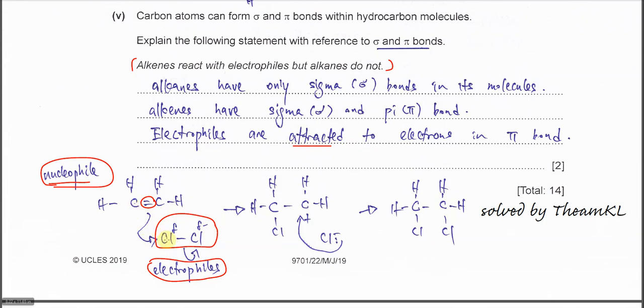Means the C and Cl will form new bonding. It's because of this that the alkene can undergo electrophilic addition. Then from this intermediate, this carbocation, it is of course attacked by the chloride to form dichloroethane. So just remember, electrophile is always attracted to electrons in the pi bond, or electron rich place. Okay, so that's all for this question. Thank you.